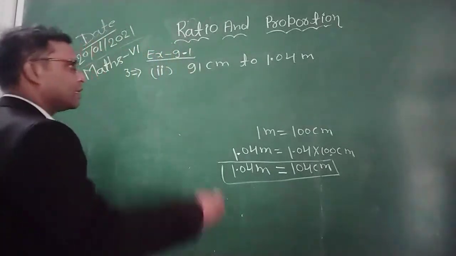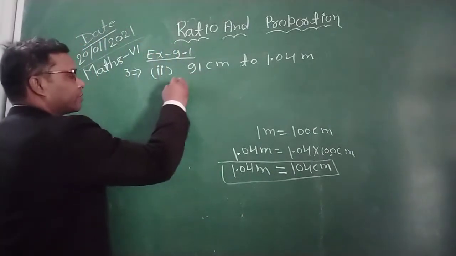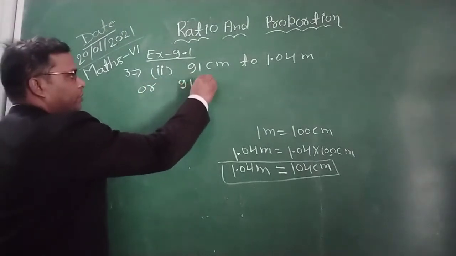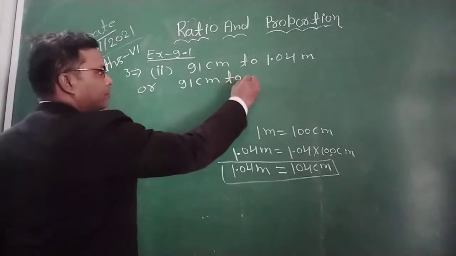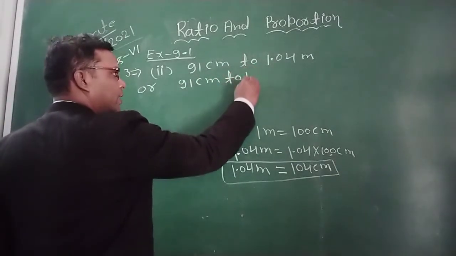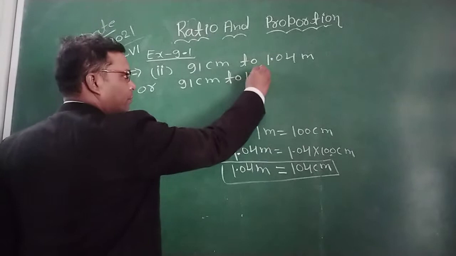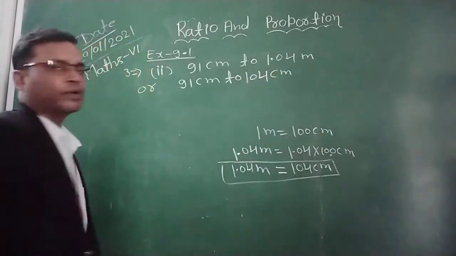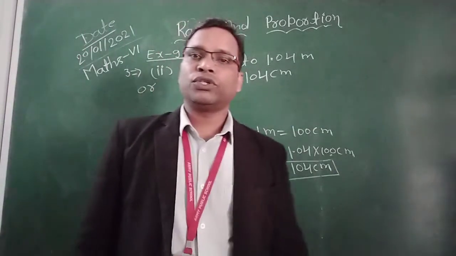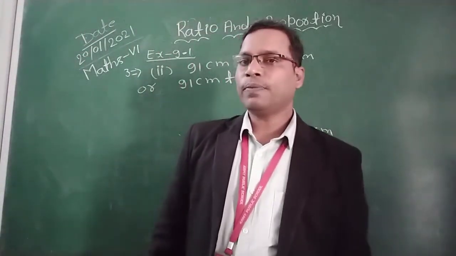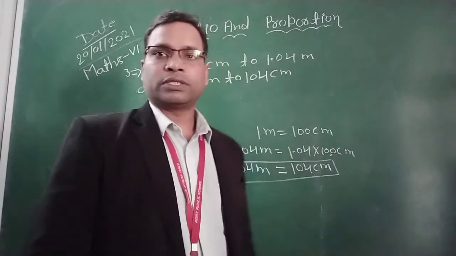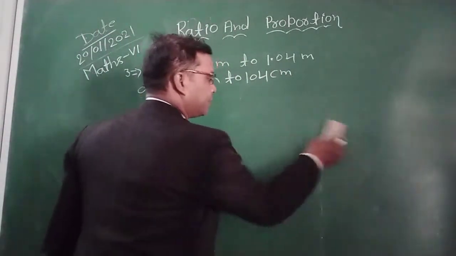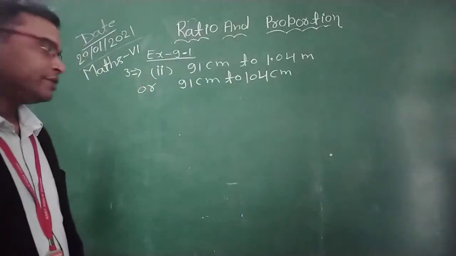Now we can rewrite it as 91 centimeter to 104 centimeter. We need to find the ratio of 91 centimeter to 104 centimeter.